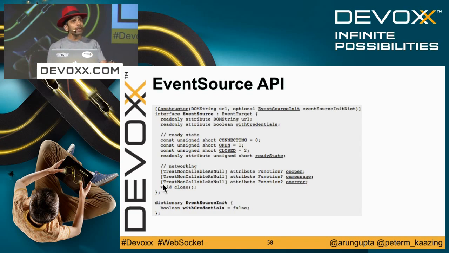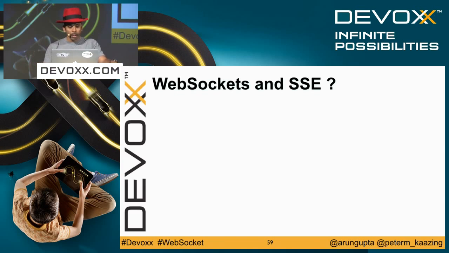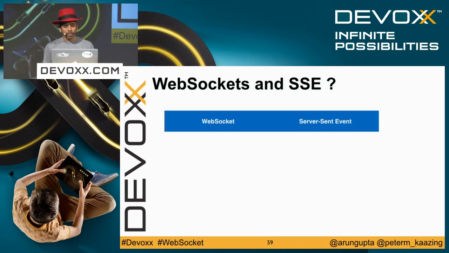So the API is very similar to WebSocket. You create a new EventSource, specify the URL, and you have your state and your callback handlers. And of course, there is no way to send any data from the client because it's server push only. So how do WebSockets and server-sent events really compare with each other? Well, server-sent events are over standard HTTP. It's just sending a particular media type over an HTTP connection.